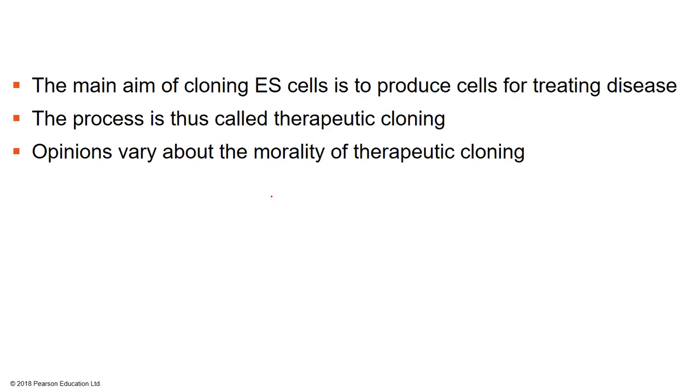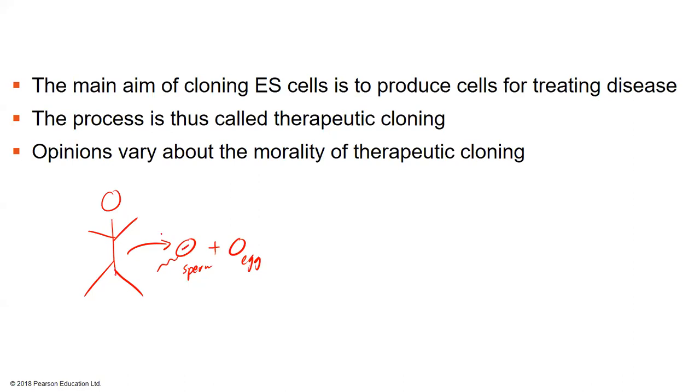Now, for example, if there is a person with a genetic disease, or a disease that could be cured by embryonic stem cells, the idea is to take maybe sperm from this individual and use an egg.